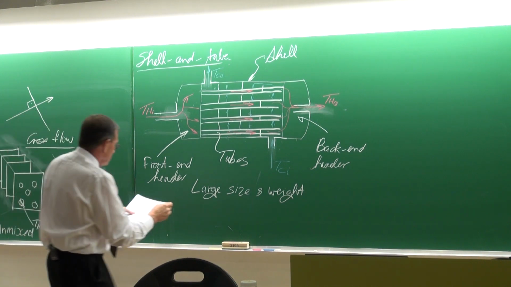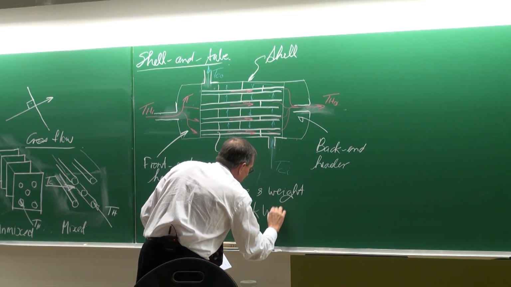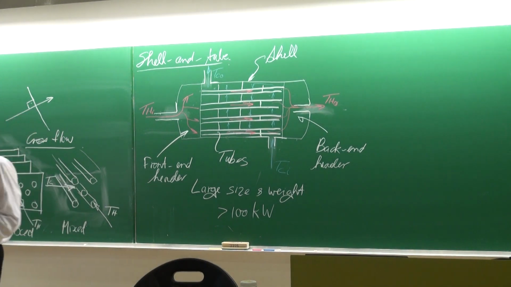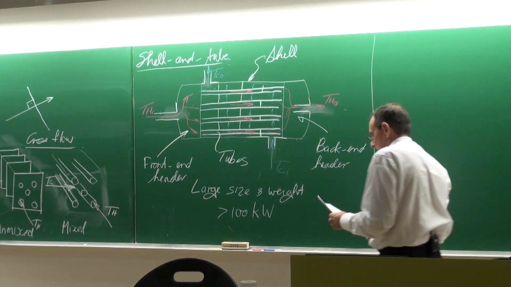So normally these types of heat exchangers are on the order of magnitude of 100 kilowatts and more. Then they start becoming very economically justified, even although they've got a large size and weight.